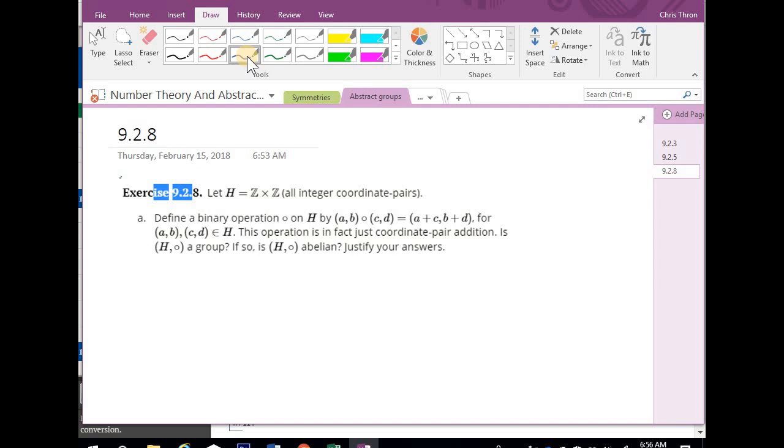If you want to show associative, you can just write down what the associative law is and show that it works. The basic idea is that the associative law works for each coordinate in the pair, so it works for the coordinate pair. Identity, you can write that down. Inverse, you can write that down. So that shouldn't be more than half a page. Just list the properties one by one, work through them very quickly.